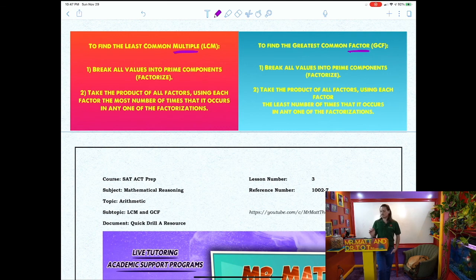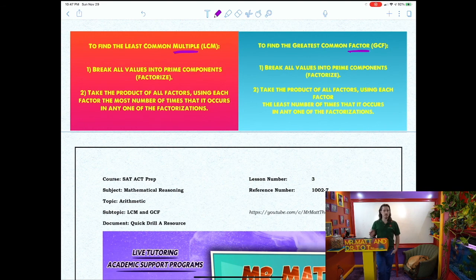To calculate the LCM, we first break each of the values into prime factors, and then we take each factor the most number of times it occurs in any one factorization. For the GCF, it's almost the same process. We first break each value into its prime components, but then we take each factor the least number of times it occurs in each factorization.